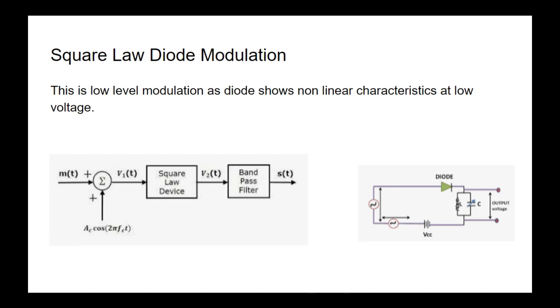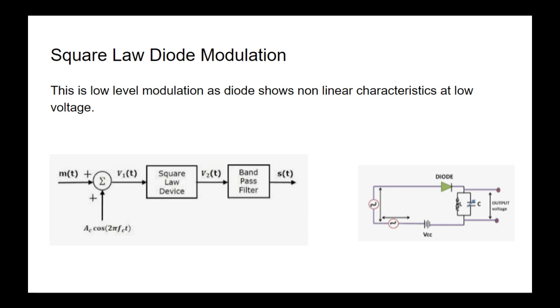On the left hand side, the block diagram of square law diode modulation is shown. Here we give input to the square law device, and the input is the modulating signal and carrier signal, and in the output we get a bulky mathematical term. We pass this output through a band pass filter to get the desired modulated signal.